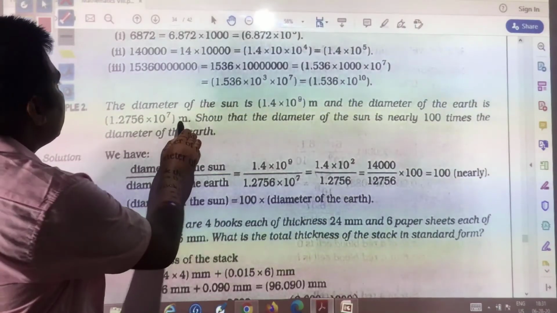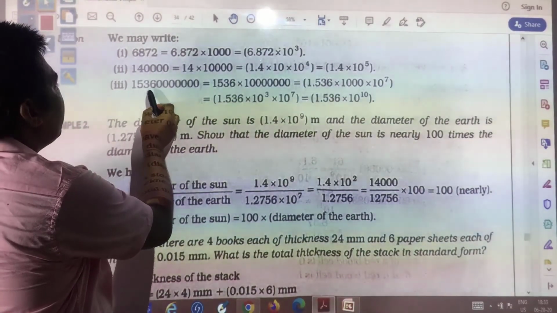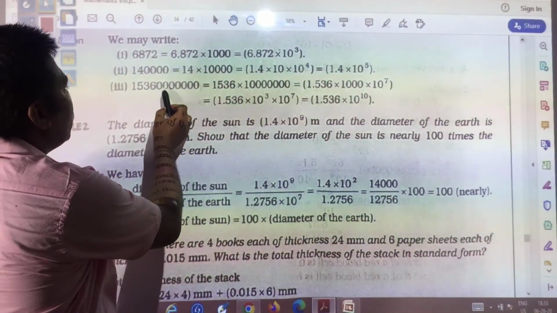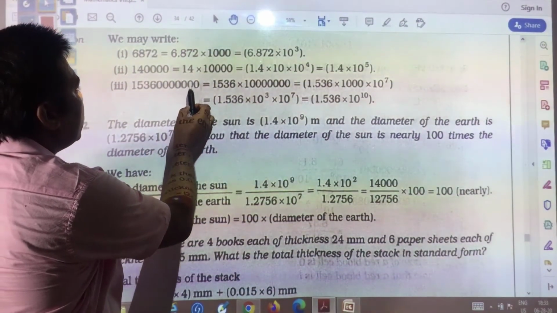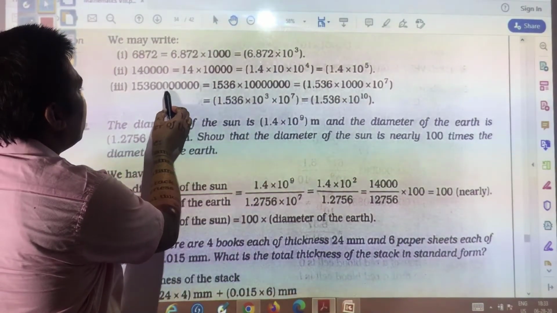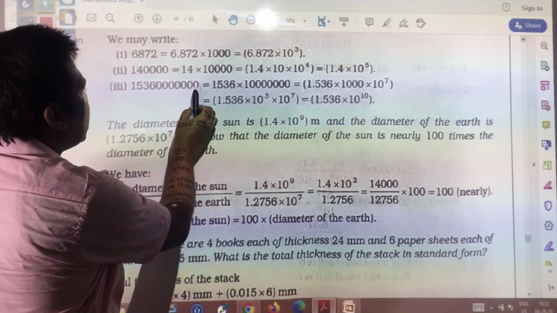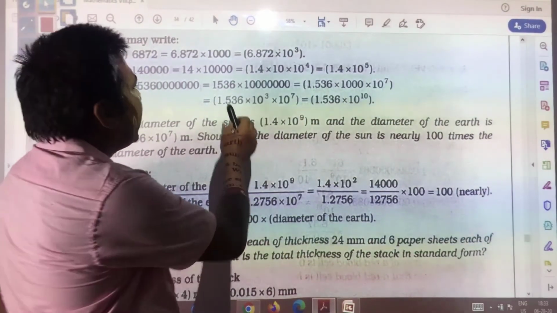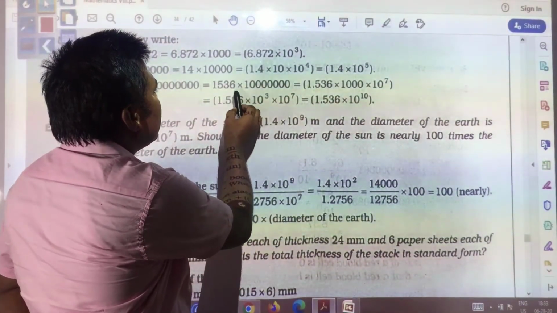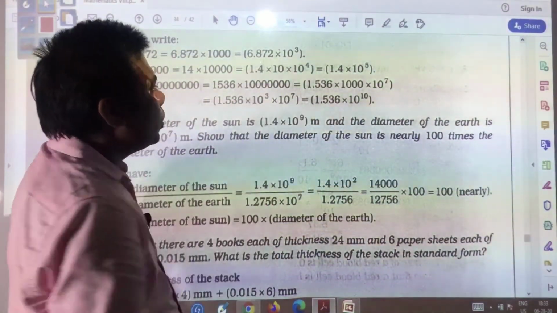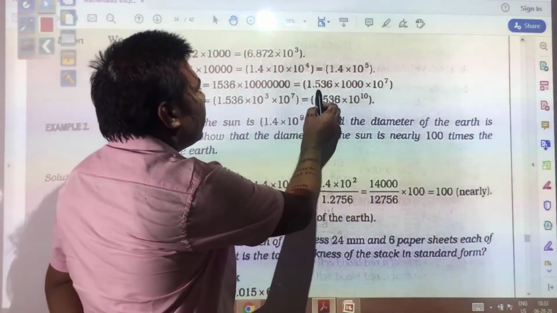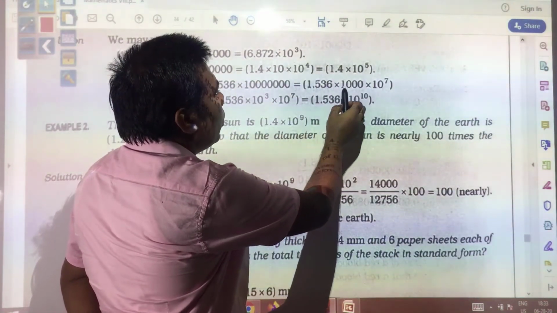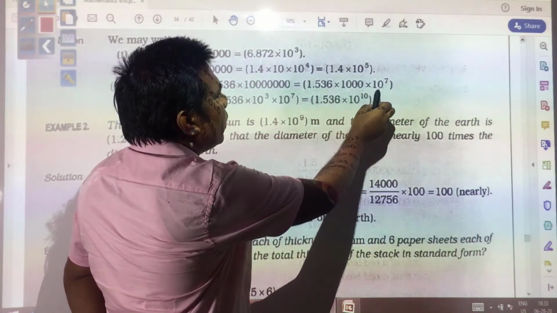next we will see, the third example, you have 15360000000. How many zeros are there? 1 2 3 4 5 6 7 zeros are there. So it can be written as 1536 into 10 to the power 7.